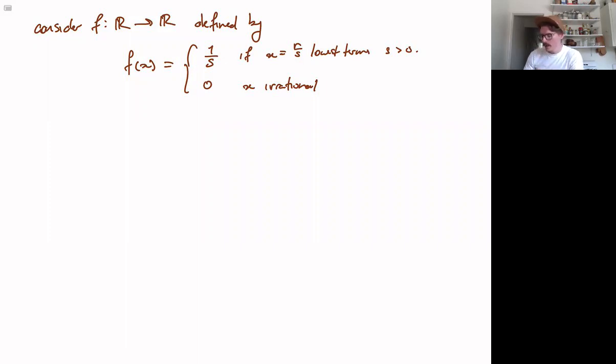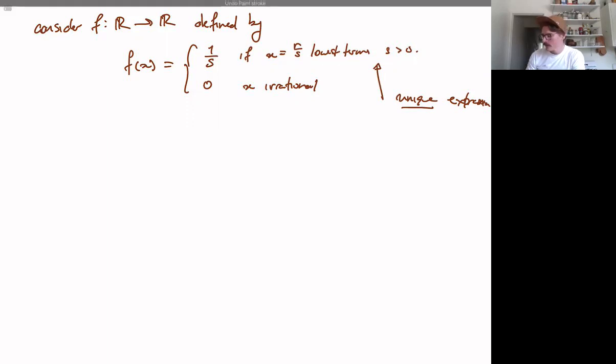So let me make a quick comment. If you make these two conditions, that r over s is in lowest terms and s is positive, then you have a unique expression of each rational number this way.